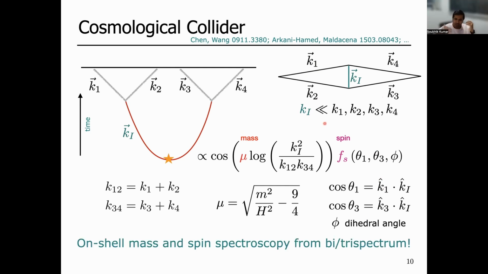Okay? So the exciting aspect of all of this is that if we find a pattern like this in the trispectrum using data, then in principle from the oscillation frequency, we can extract the mass of the particle. And then from the angular dependence, we can potentially extract the spin of this particle. So you are effectively doing on-shell mass spin spectroscopy by studying this trispectrum.